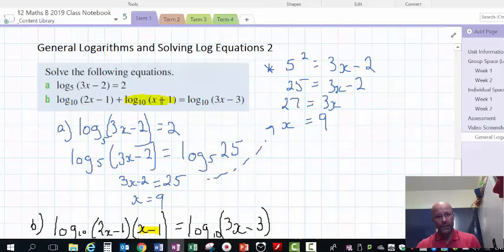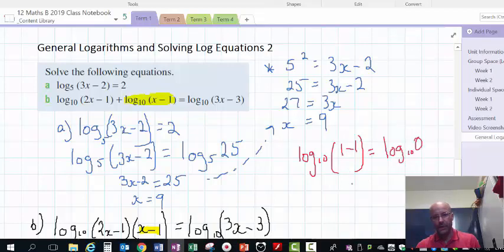When x equals 1, this becomes undefined because we have log of 1 minus 1 to base 10, which is log of 0 to base 10.